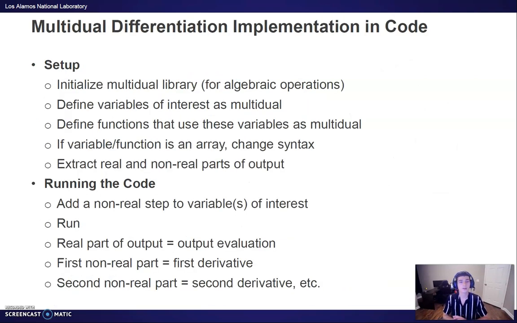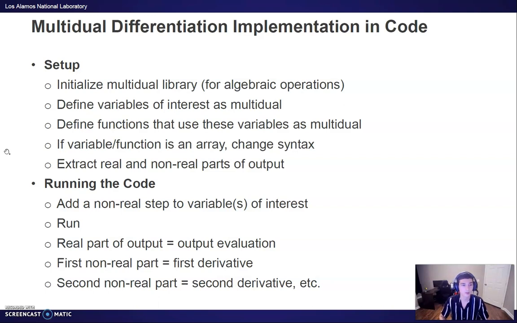So how is this multi-dual differentiation method implemented in a code? First we need a multi-dual library which handles all the algebraic operations. Luckily, the lab at UTSA has developed a library to do that. It's called MultiZ, and in your source code, we define the variables of interest as multi-dual, and then define all the functions that use these variables as multi-dual as well.